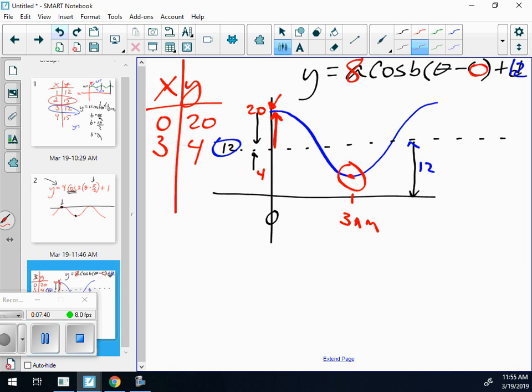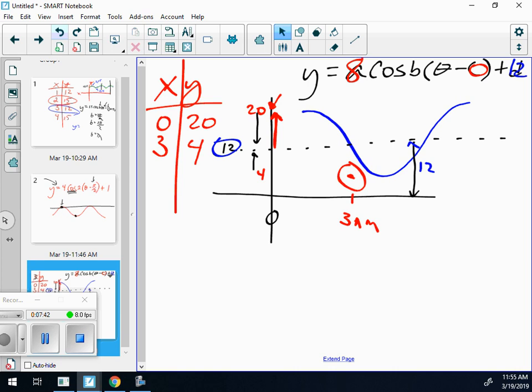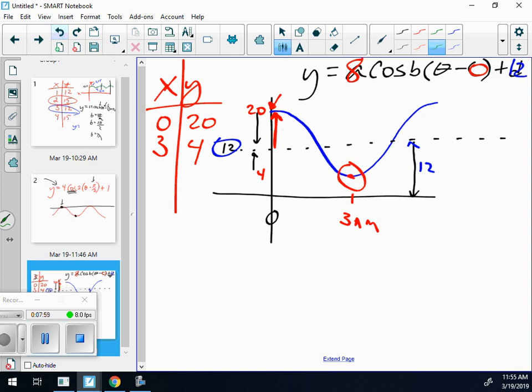Now watch what would happen if I take my blue line and I shift it over like this. Then I'd still need the low spot, the high spot, and everything, and I'd also need to know how far over it got shifted. We'll do that on the next one that we do, okay? Because this one didn't get shifted over like that. So cool, we don't have to worry about C. I gave you a little break on the first one.